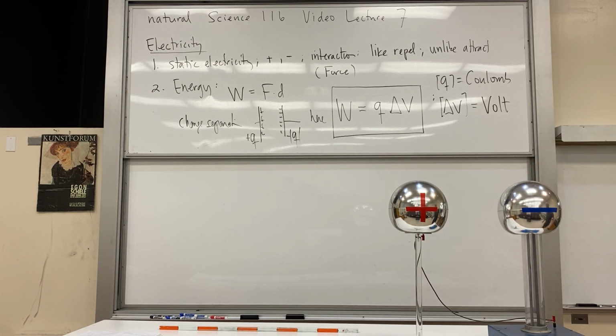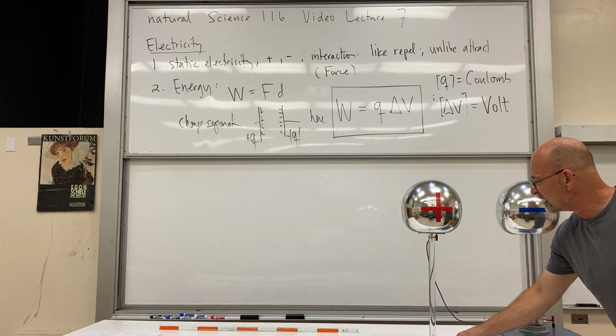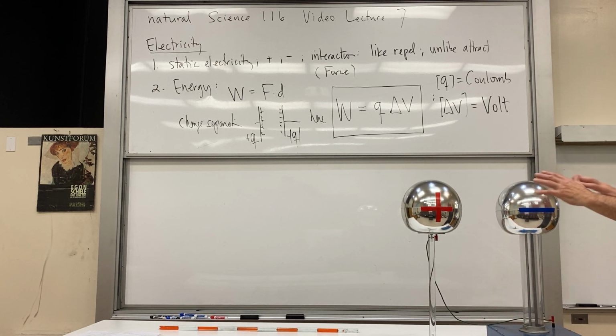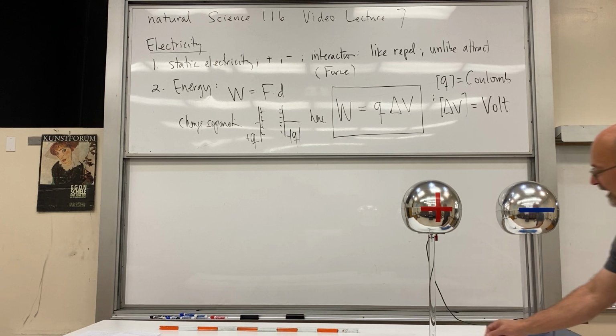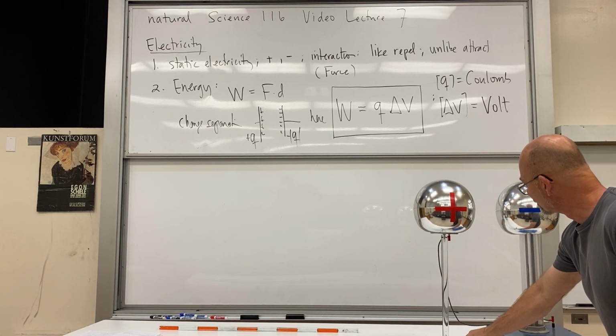So here's the idea. This thing is going to separate some electrons onto this sphere, and we're going to have a charge separation, and we're going to get some sparks. So let's get this thing going and see what happens. I'm going to put them about this close together.